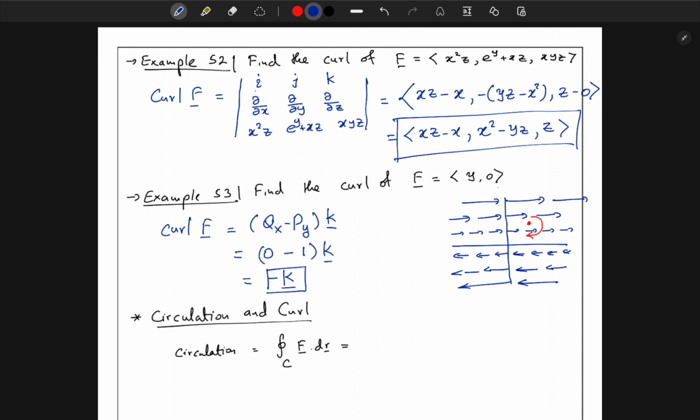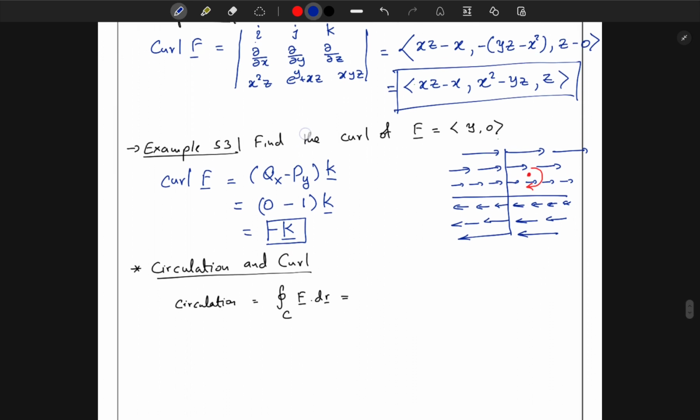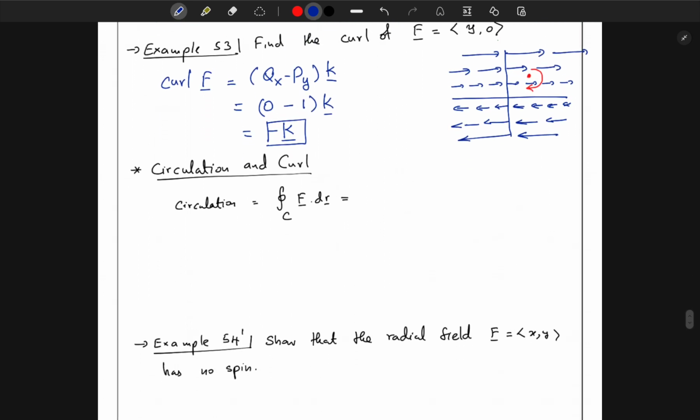Now the curl is connected with the rotations, and it is similar to divergence. Remember, divergence was connected with the flux. Curl is connected with circulation.